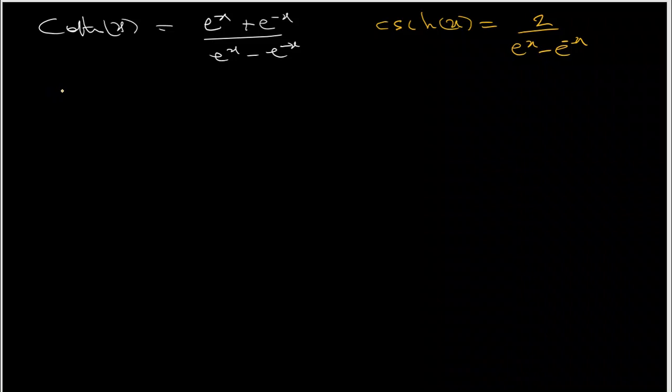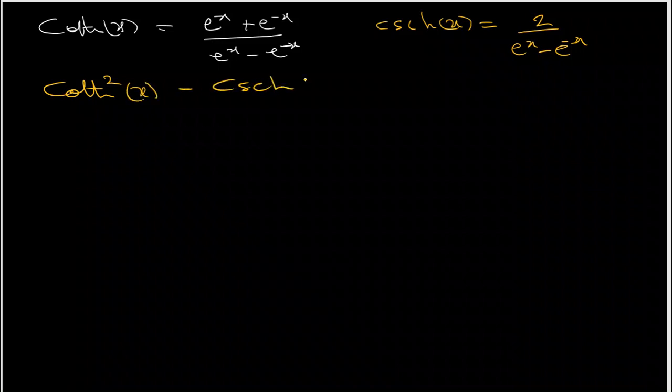The identity is coth square x minus cosech square x should give us 1. So let's throw in these and square them and check whether the difference between them will actually be 1.